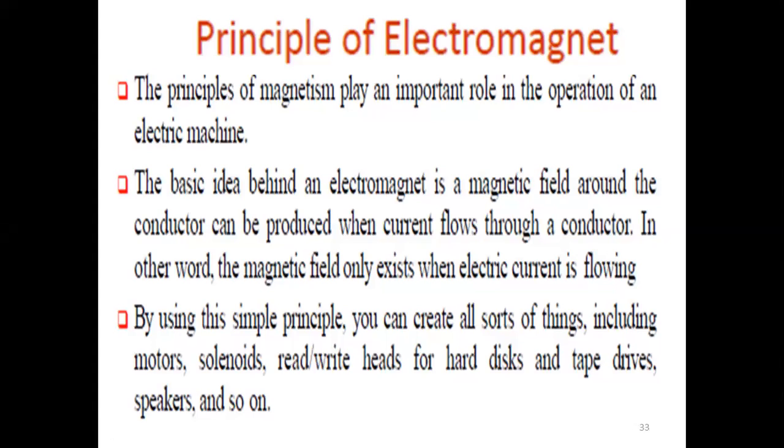So which core is here? Air acts as the core. When a winding is made, what is inside it? Air. We call that an air-cored coil. Whenever the current flows in that conductor, the magnetic field will be produced around it. If the current is flowing only, the magnetic field will be produced. Otherwise, there is no magnetic field at all.